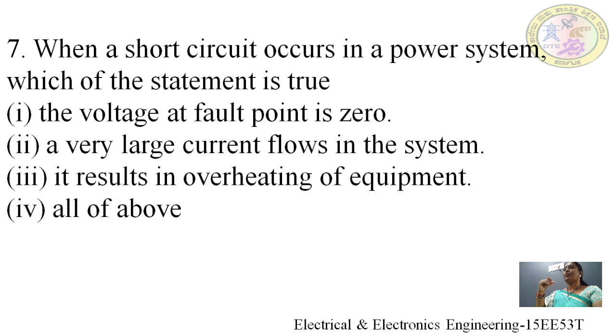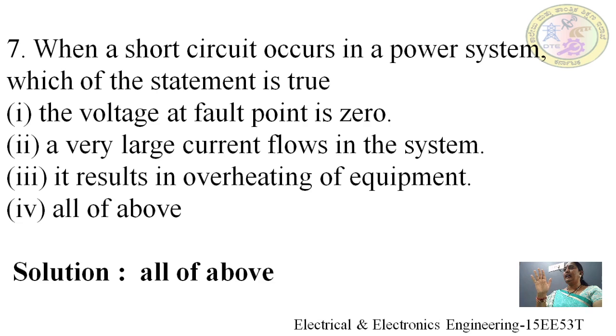Voltage at the fault point is 0. That is correct. Very large current flows in the power system. That is also correct. It results in overheating of the equipment. That is also correct. And the last option is all the above. That is the answer.